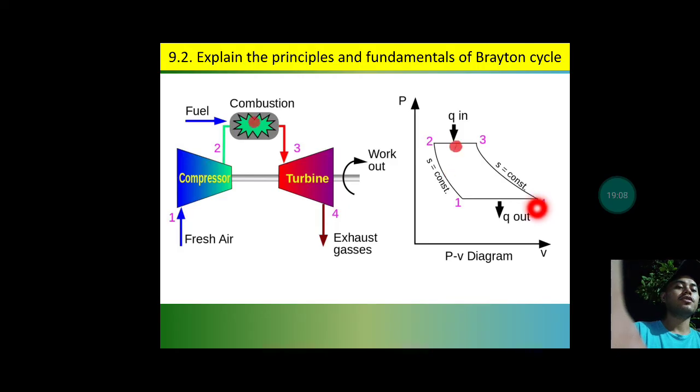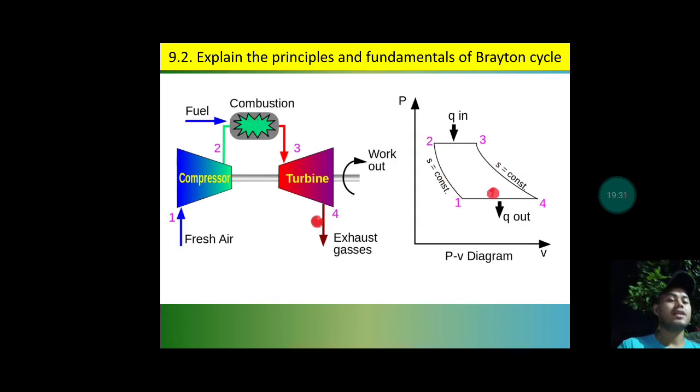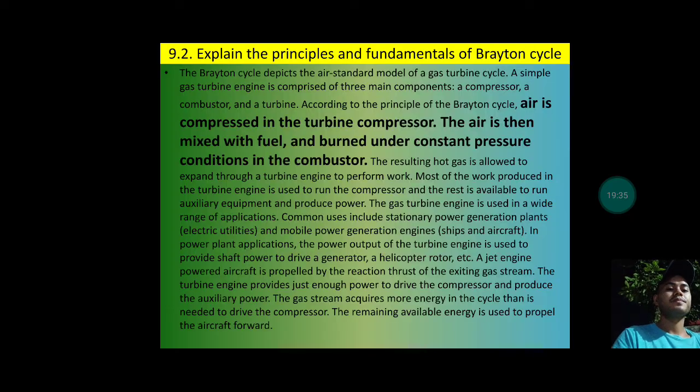And then you remove the hot exhaust gases, and the cycle will go back to 1, back to atmospheric pressure, fresh air. Okay, so that is the PV diagram for the Brayton cycle.